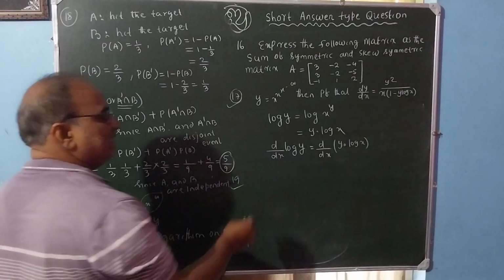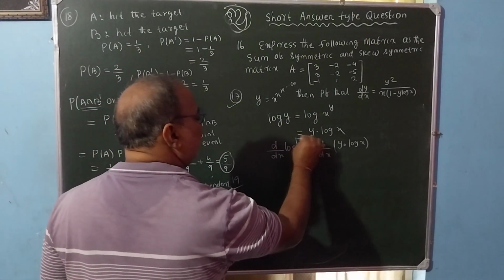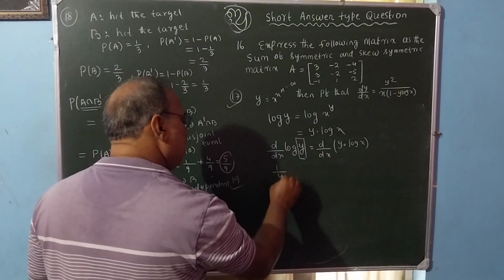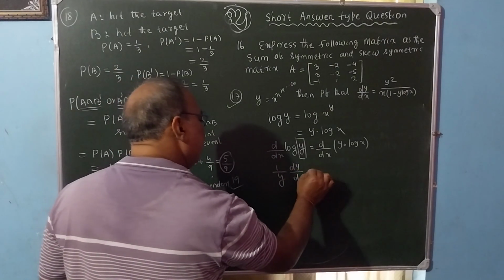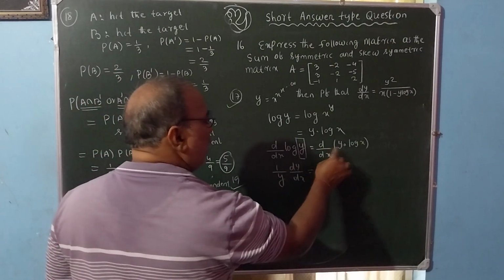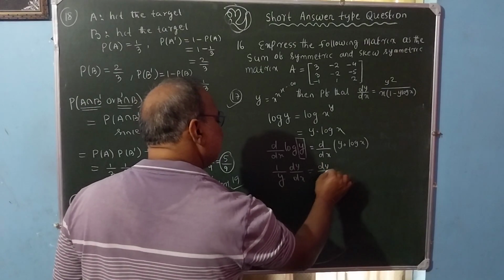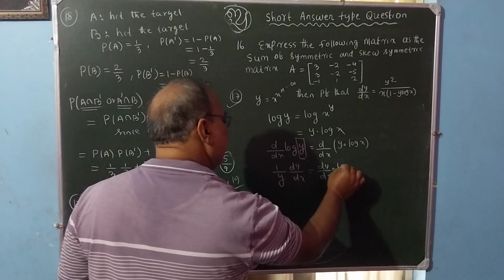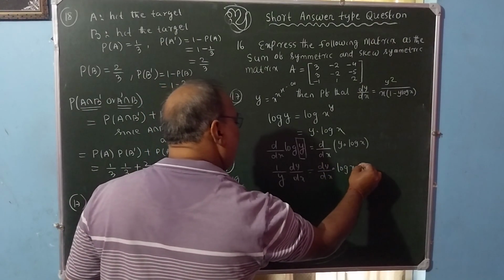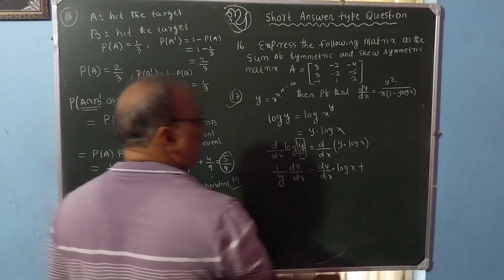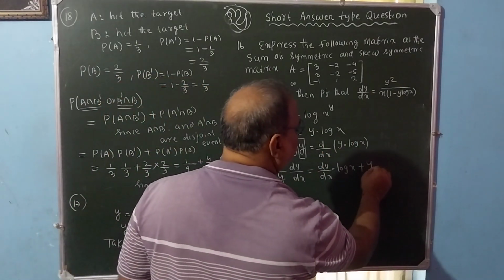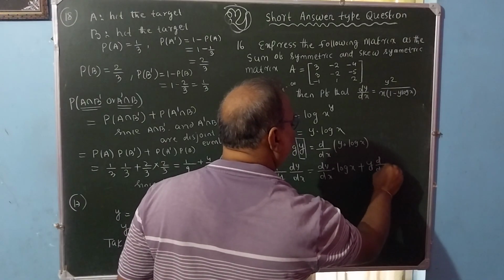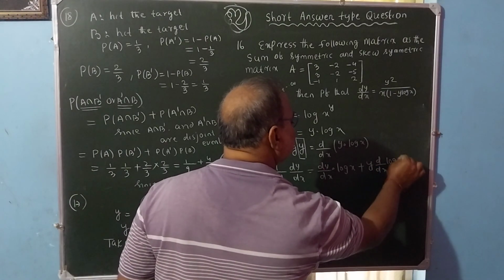So applying the chain rule, log of something has derivative 1 by that thing into the derivative of that thing, equal to, applying the product formula, dy/dx into log x plus y d/dx of log x.